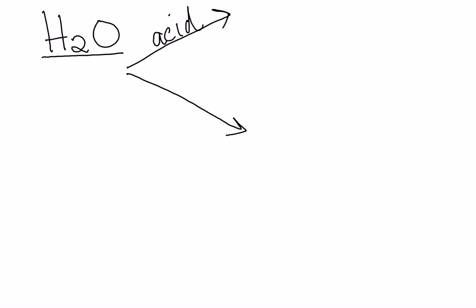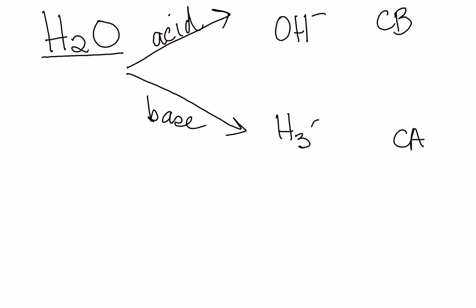So if it donates a proton, it's supposed to form a conjugate base. And we know that a conjugate base has a negative charge, one proton less. So that's an H and an O, so we end up with OH minus. Whereas if it acts as a base and forms a conjugate acid, a base is a proton acceptor, so it's positive charge. It accepts one more, and that's what we're going to end up with.